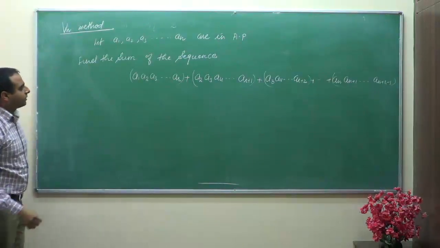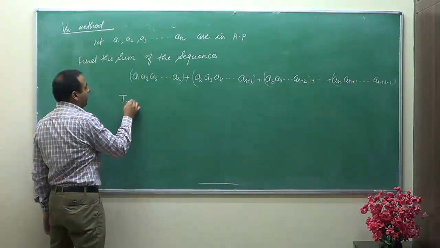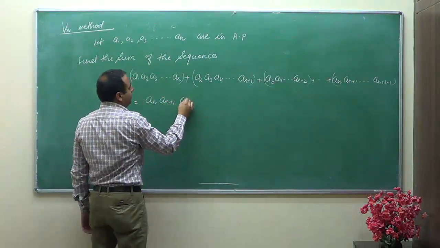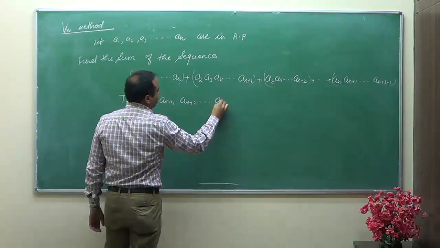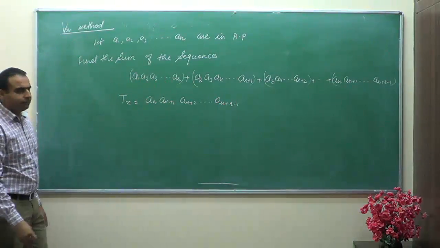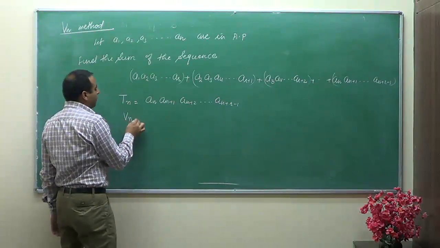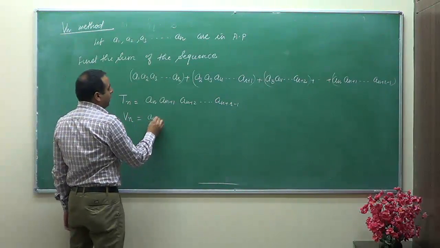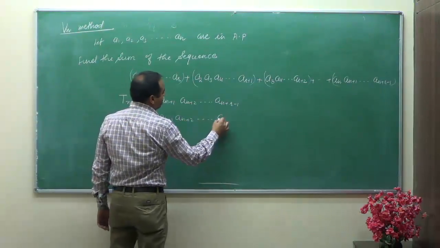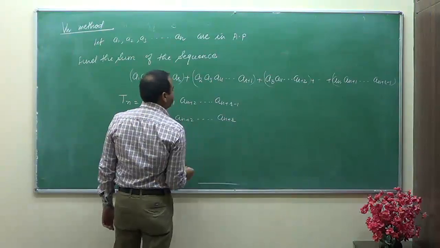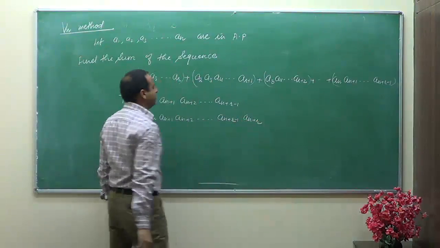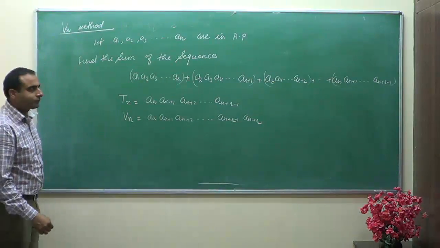So, in order to determine the sum, first of all we will determine Tn. What is Tn? Tn is AN plus 1, AN plus 2 up to AN plus R. This is Tn. So, what is Vn? Vn will be AN plus 1, AN plus 2, dash, AN plus R, minus 1 into AN plus R. This is Vn.